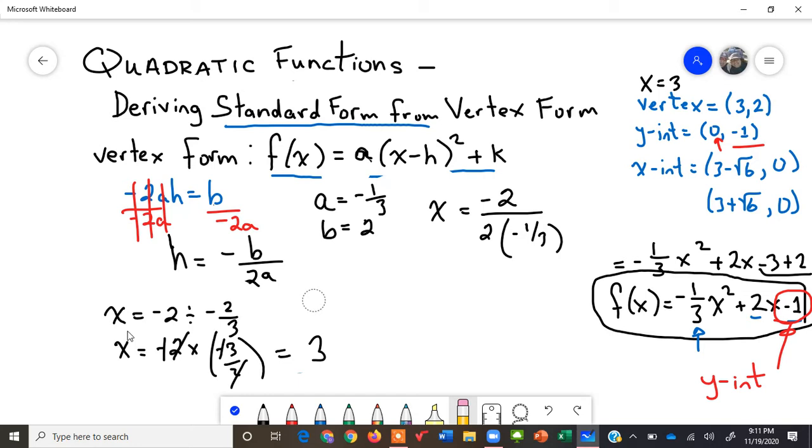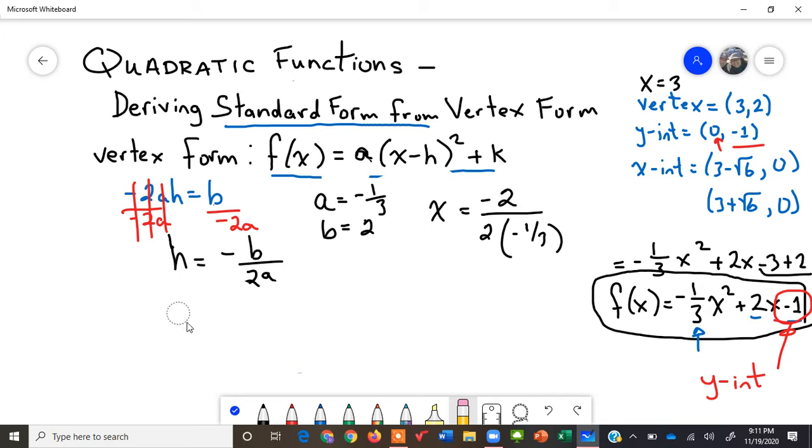How are we going to find the y-coordinate, the 2? Well, remember, the y-coordinate is simply the value of the function at the x-coordinate. y is f of x. This now is going to be our k for the vertex (h, k) in vertex form.